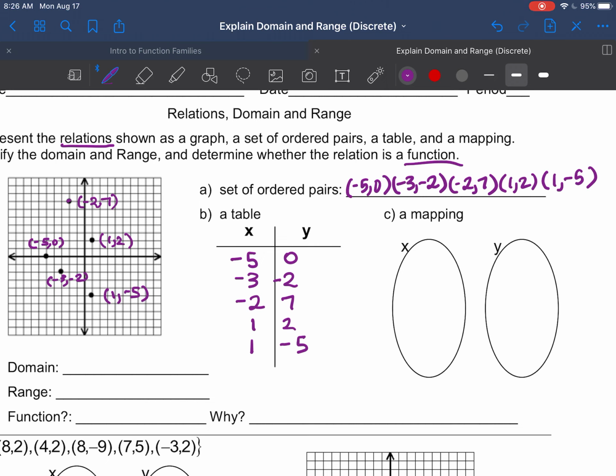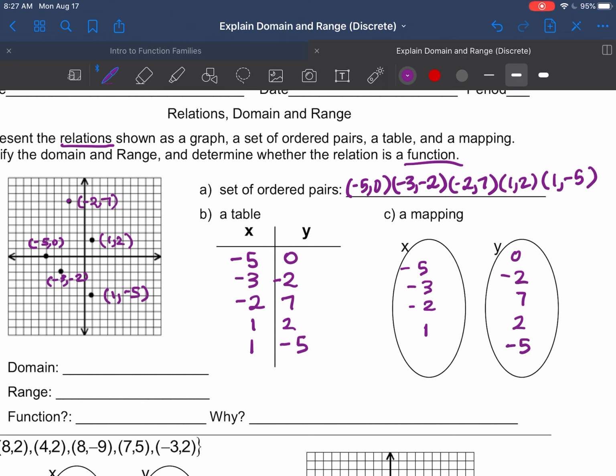There's our table. And so in a mapping, it's a little bit different than the table because even if you repeat a number in your table or ordered points, you don't want to repeat it in your mapping diagram. For our x's, we have the -5, -3, -2, 1, and you do not write the 1 again. For the y's, we have 0, -2, 7, 2, -5.